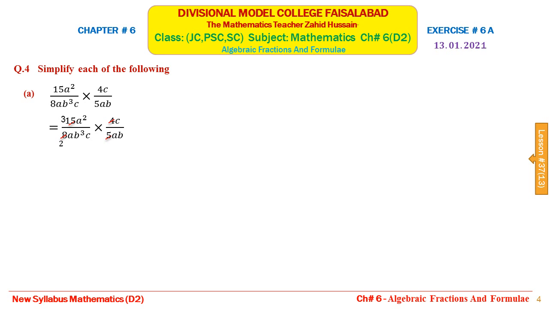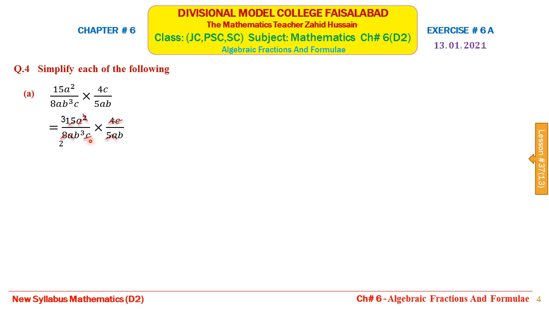This a square divided by this a will give us a, because this a will be cancelled out with this power. From a to its power 2 we will subtract the power of a, which is 1. So we get a. This a will be cancelled out with this a. Again this c will be cancelled out with this c.